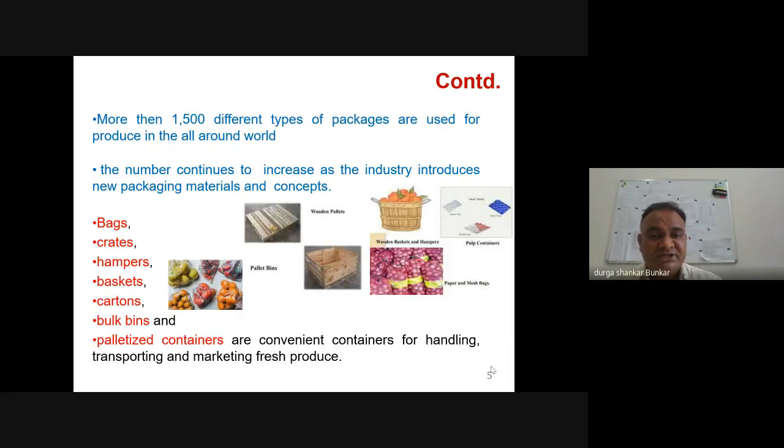So next, if we talk about packaging, there are around 1,500 different types of packages used for produce all around the world.